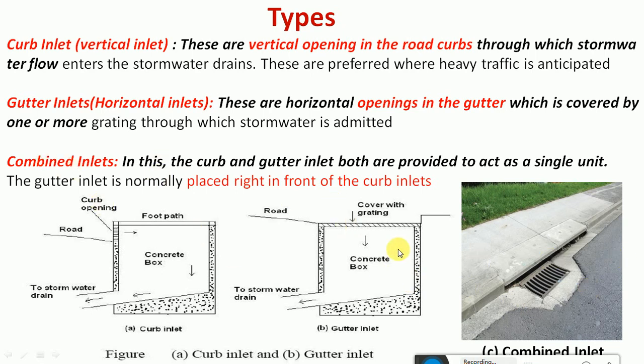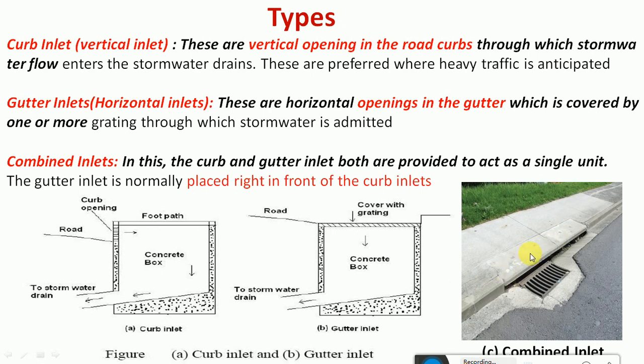They act as a single unit, normally placed right in front of curb inlets. You can see here an image of a combined inlet. This is the vertical inlet and this is the horizontal inlet. Water enters directly through the horizontal one, and here water enters vertically, and below this you will find the storm water drain.